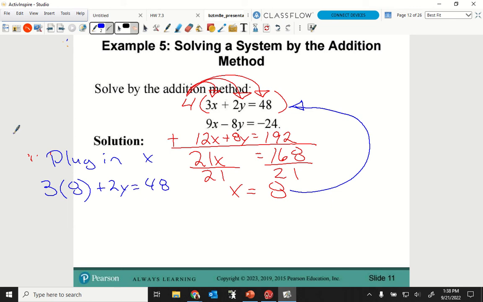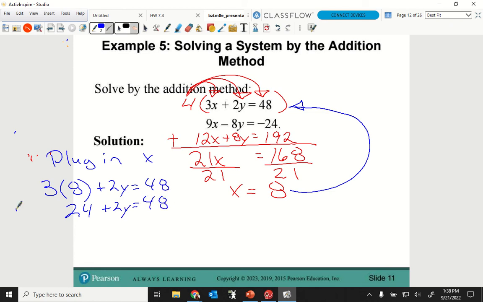Now, since I plugged in my x, I only have one variable now, right? I only have y. So I could solve for this since I only have y. 3 times 8 is? 24? Okay. So 24 plus 2y equals 48.